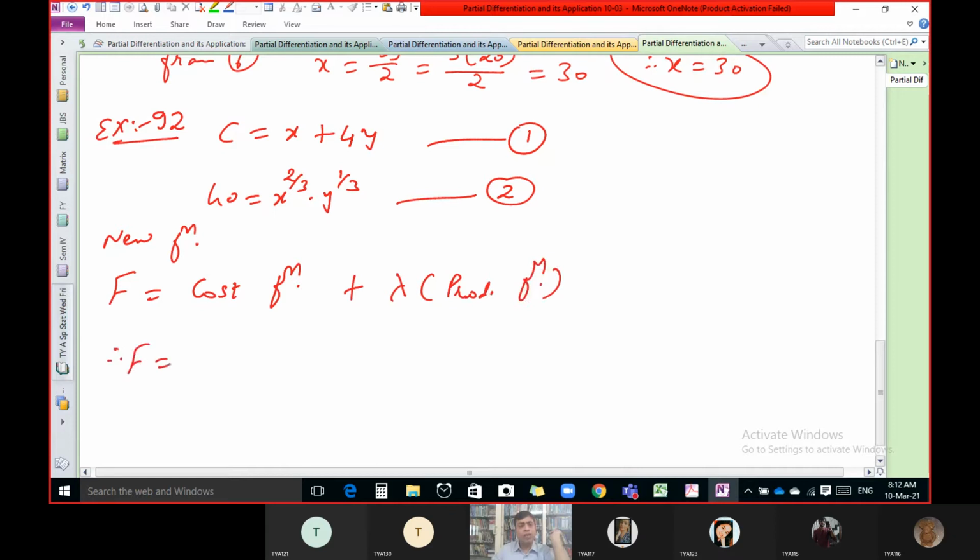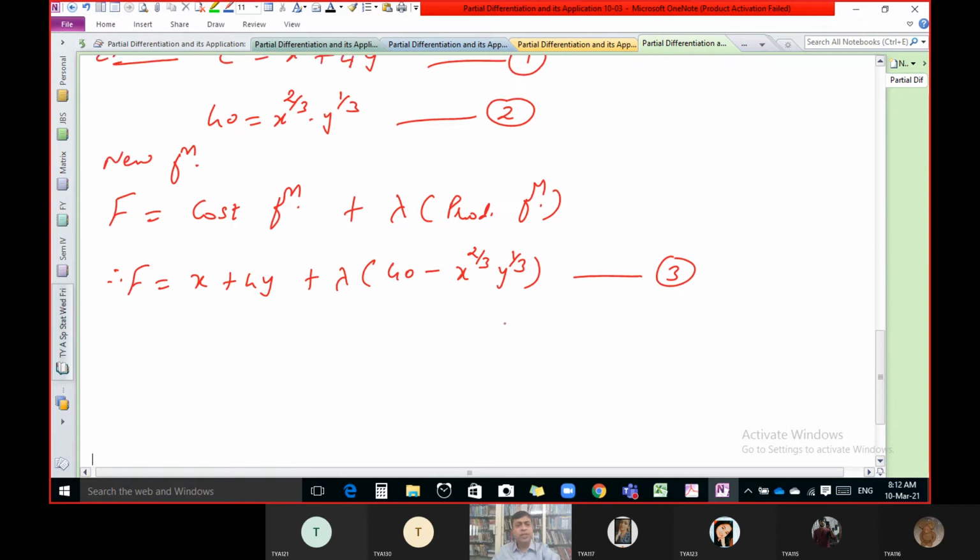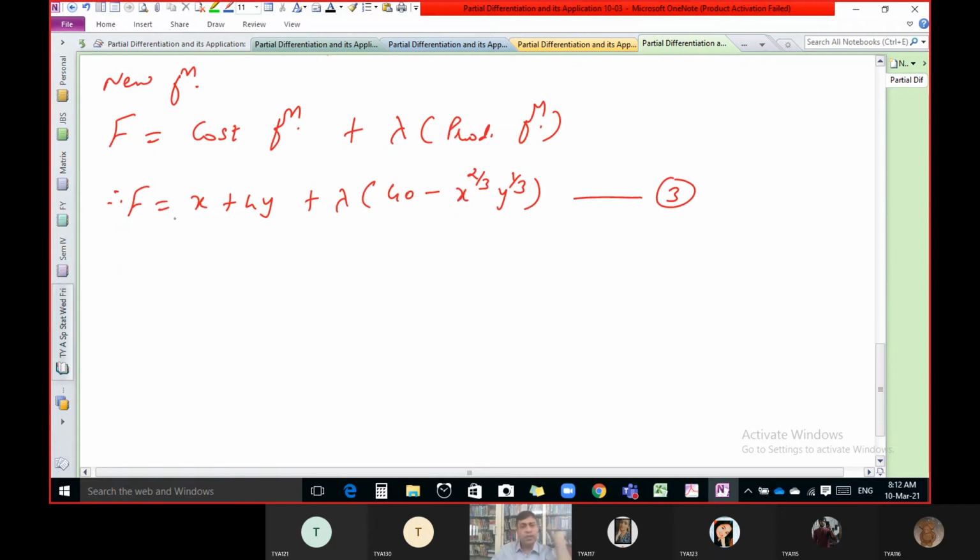So F equal to x plus 4y plus lambda, and production function you have to write like 40 minus x raised to 2 by 3 y raised to 1 by 3. This is, let us say, equation 3. And now differentiate this with respect to x and tell me the derivative.